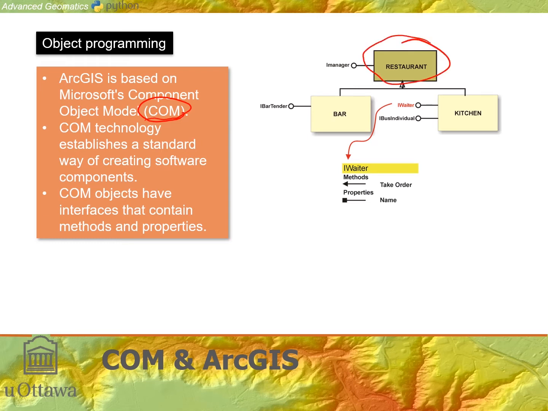And if you want to know anything about the restaurant, well, you can't just go into the back part of the restaurant and go through paperwork or anything like that. Anything you want to know about the restaurant, you have to ask the manager about. The manager is the interface to the restaurant. The restaurant is a black box.